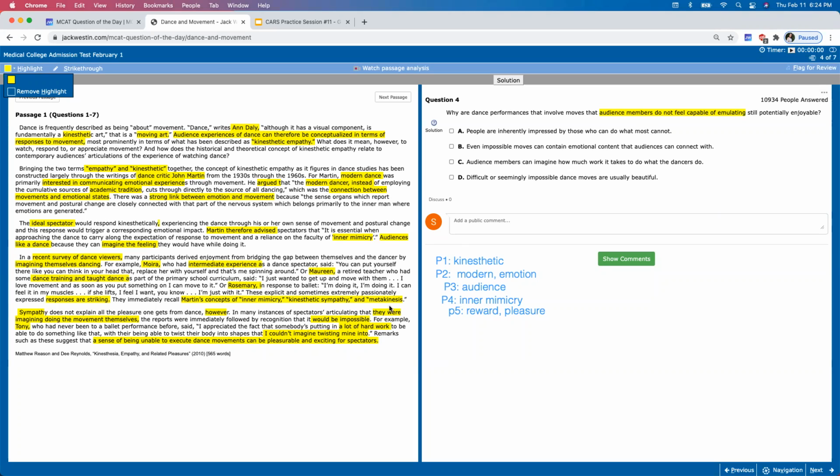So let's go back to that paragraph, what we highlighted. So they were imagining the movement is impossible. They appreciate the fact it's putting a lot of hard work. So something like that along those lines. Okay, let's go through the answer choices.